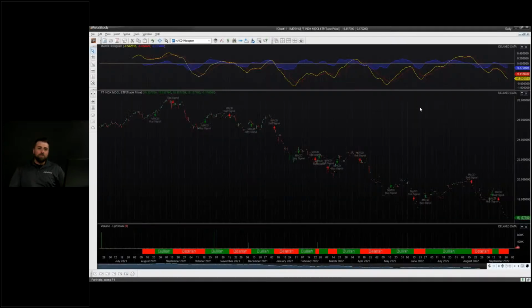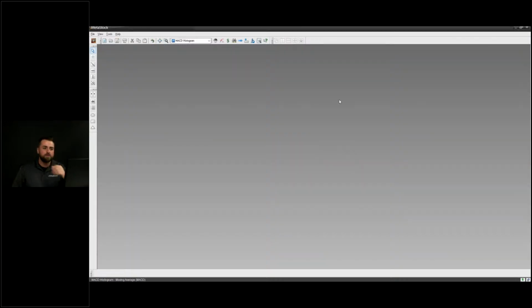All right, but now this has actually generated another question that a lot of you might have. We ran those scans, and a lot of those securities that showed up on those charts today didn't seem like they've been performing amazingly on the MACD in at least the recent times.